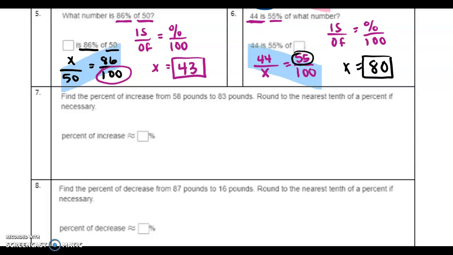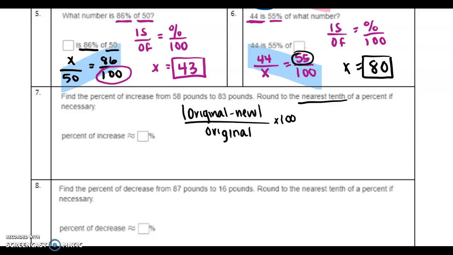Find the percent of increase from 58 pounds to 83 pounds. Round to the nearest tenth of a percent if necessary. So we're going to use the formula original minus new, and we always keep the positive, so we take the absolute value, and then we divide that answer by our original. So our original in this case is 58, and it increased to 83, so that's our new.